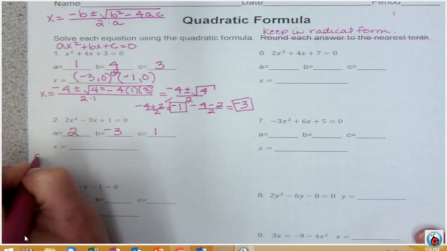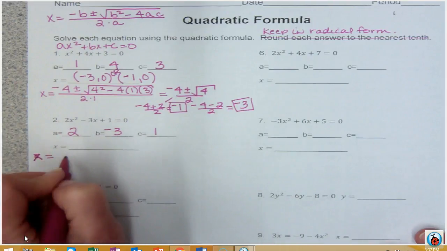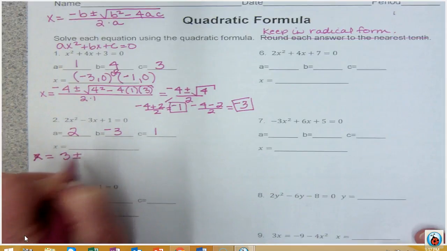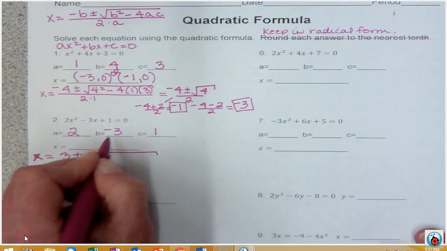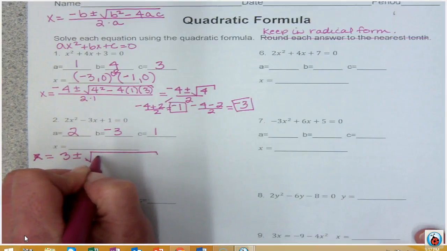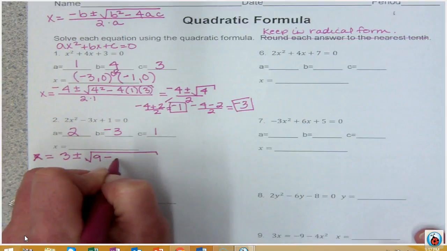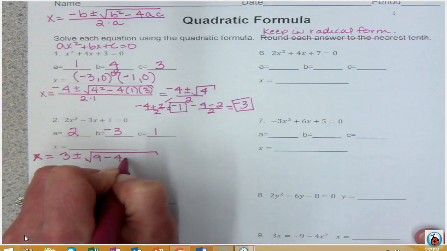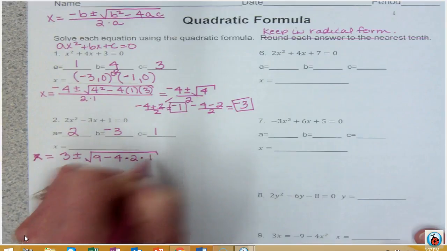So I'm going to get x equals negative of a negative is going to be a positive, so 3 plus or minus the square root b squared, which would be negative 3 squared, which is 9. Please be careful when we plug that into your calculator. Minus, that's positive 9, 4 times a, which is 2, times c, which is 1.